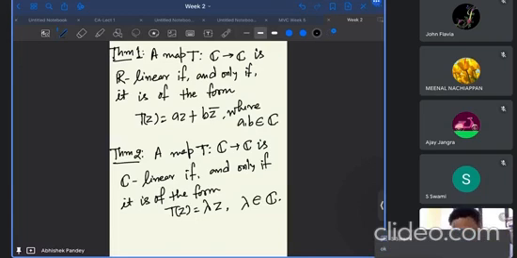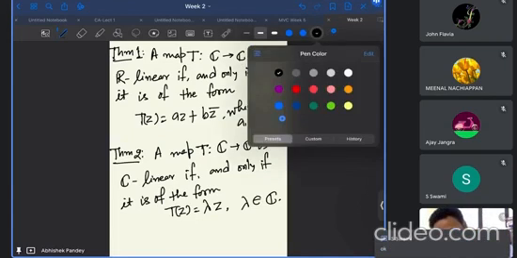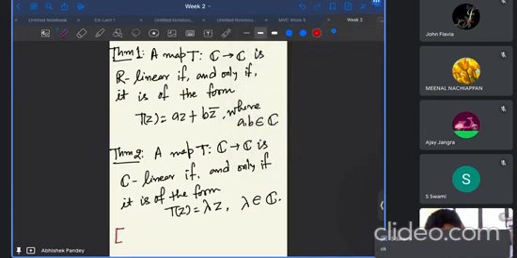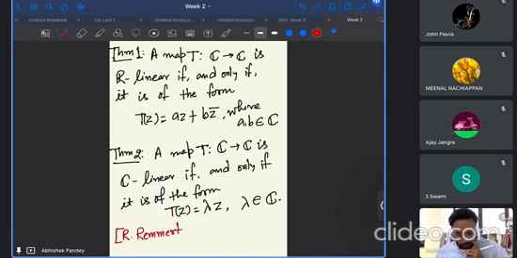Okay, so let me write the reference. There is a book by Reinhold Remmert, Theory of Complex Functions.